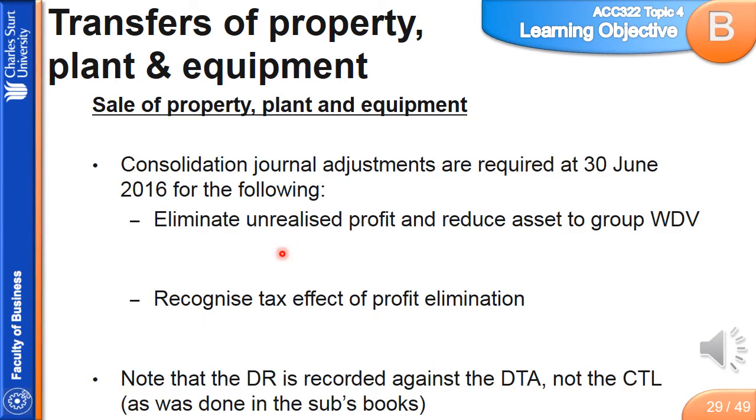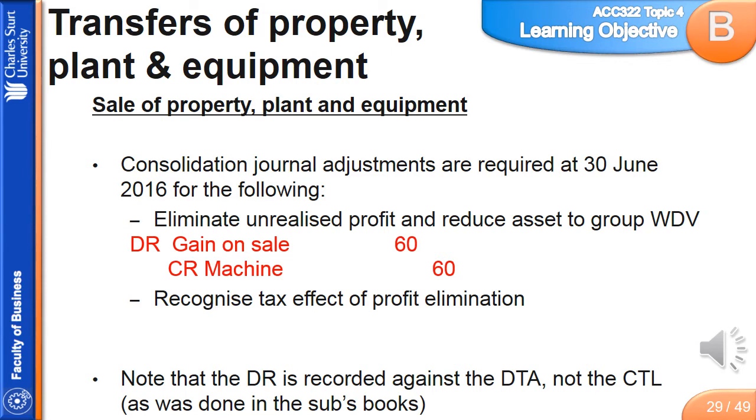So now talking about the consolidation journal entry adjustment we need to prepare. Well, firstly, at 30th of June 2016, we'd need to eliminate that gain on sale I mentioned before. So we would debit the gain on sale $60 and credit machine $60. So that will bring the asset back down to $90.